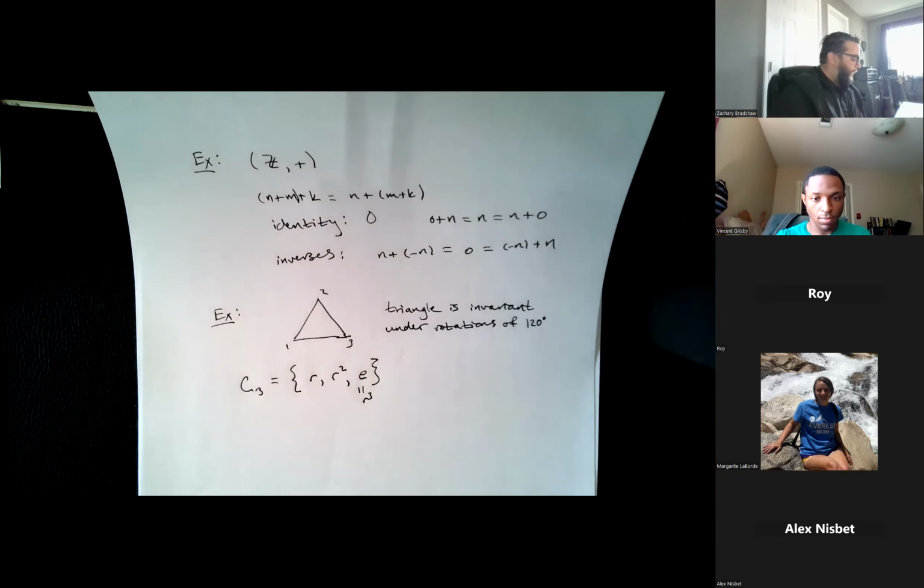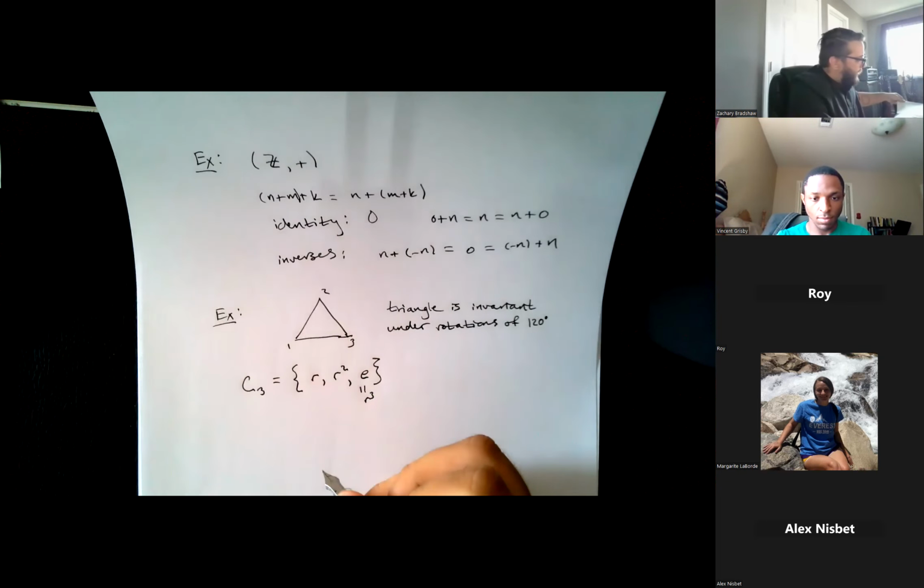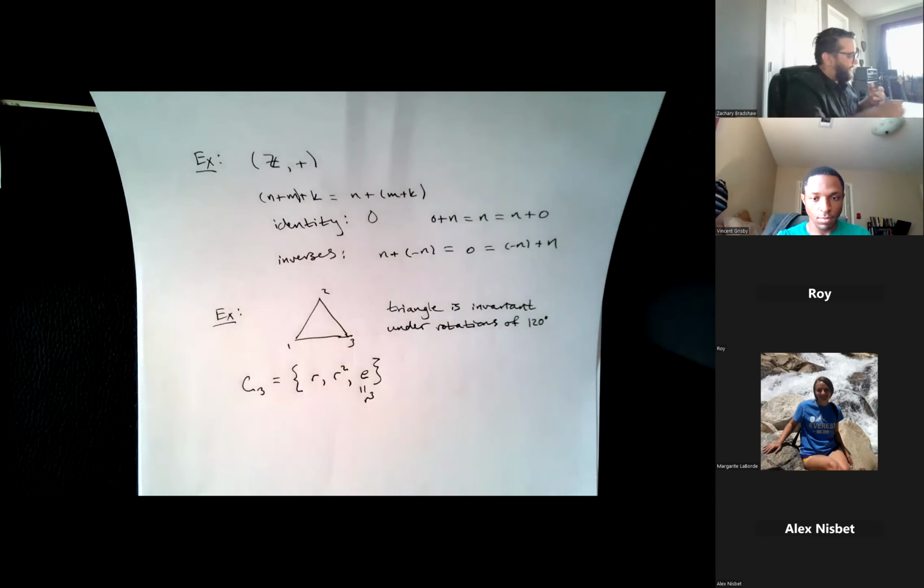Okay. Well, there's two ways to think of the operation here. We can think of it pictorially, the rotations of the triangle. We can also think of this as a multiplication, right?